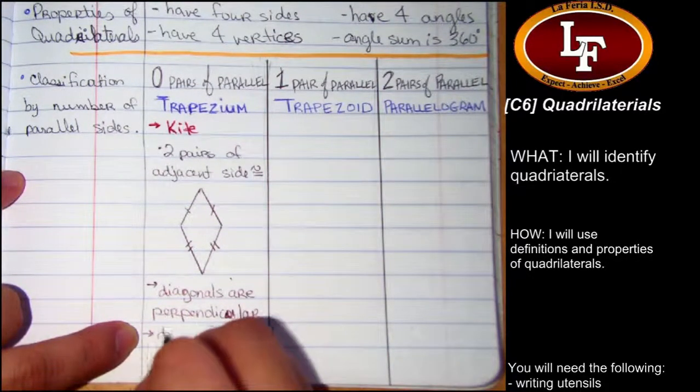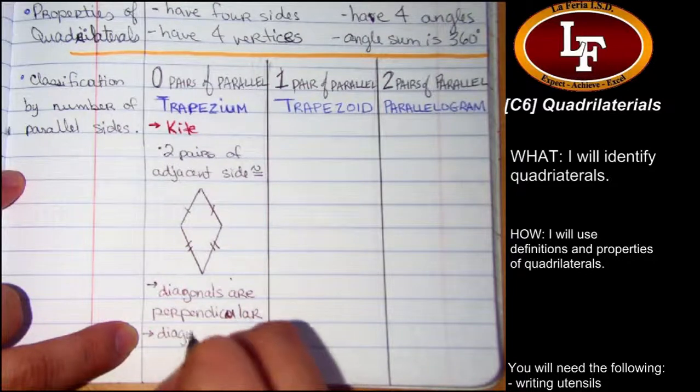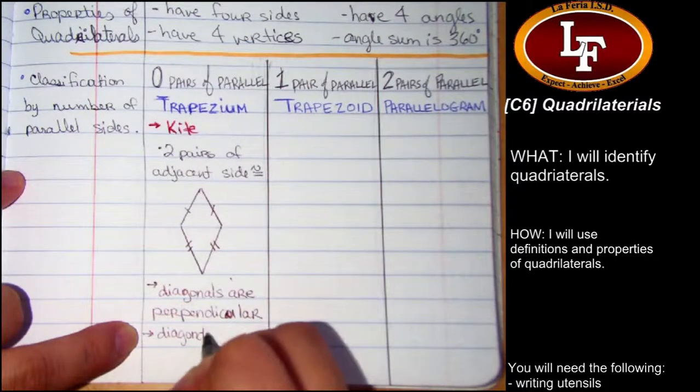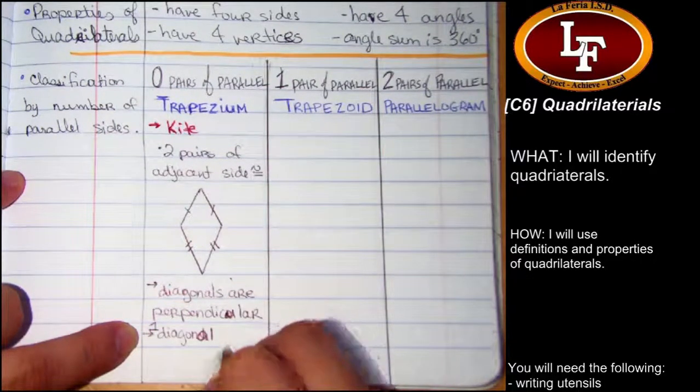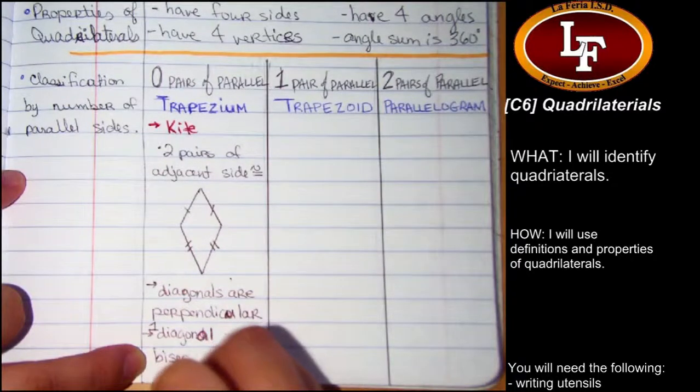In addition, when you have these diagonals intersecting each other, one of these diagonals will bisect the other.